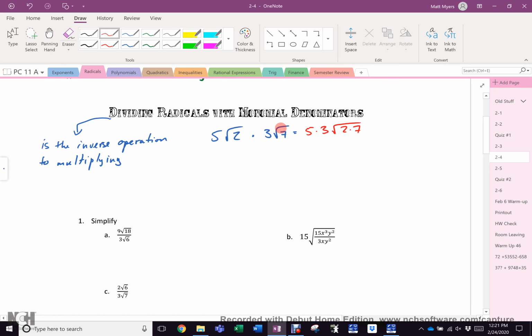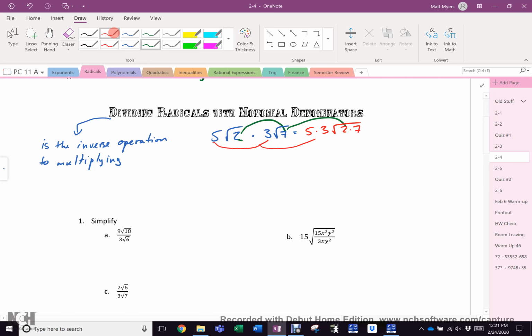What do we have to have the same so we can actually multiply? The index, right? If it's a variable under there, it's okay because we can make it an exponent, yes? But in this case, we are stuck. They have to be the same. So, we remember the coefficients go with the coefficients, and the radicands go with the radicands, right?